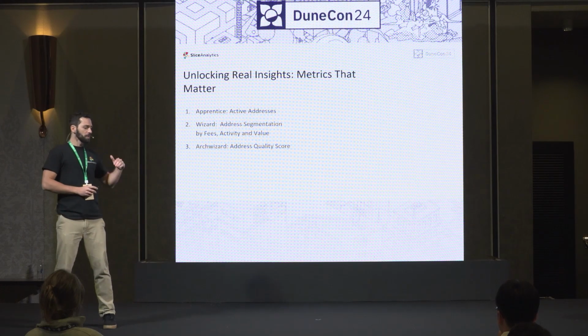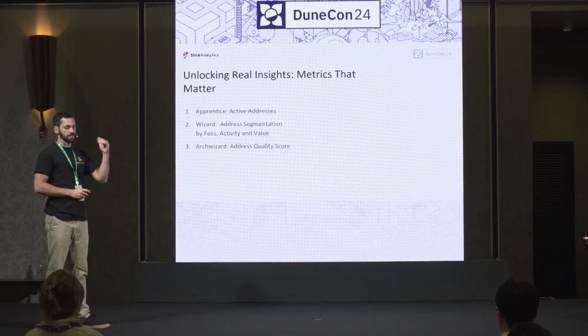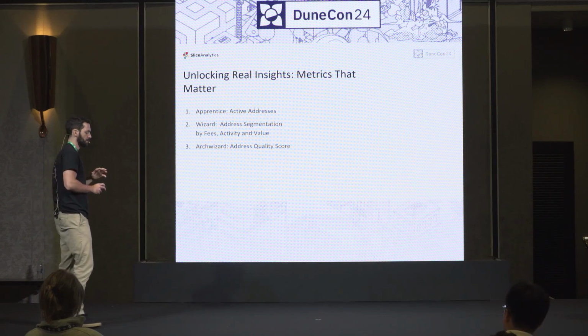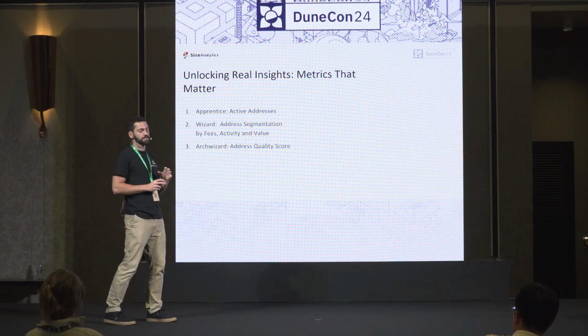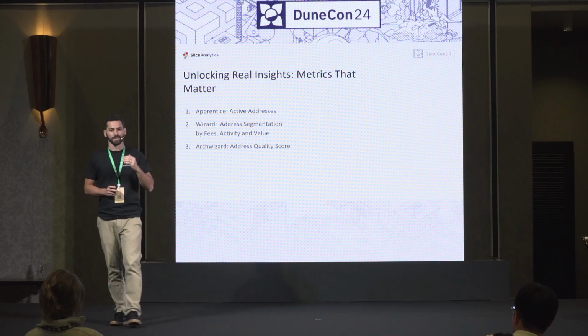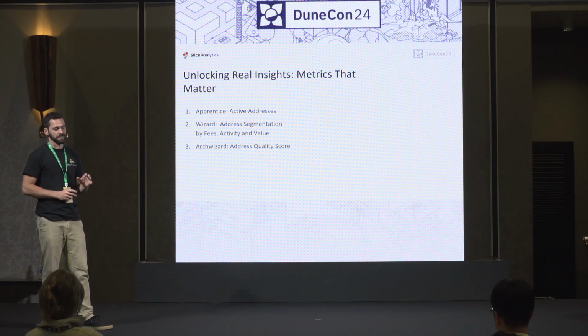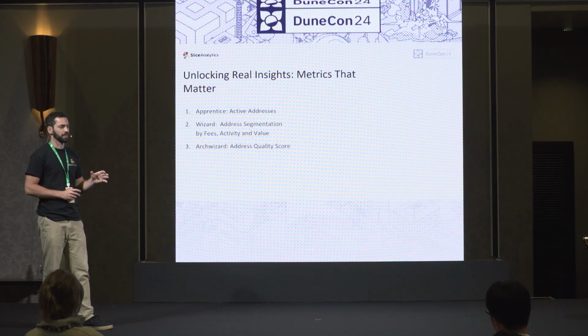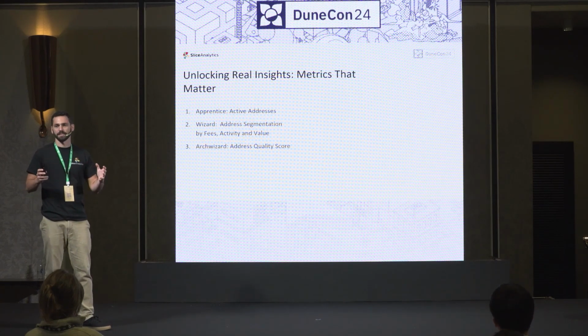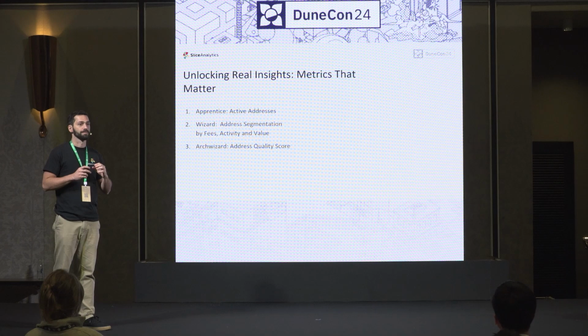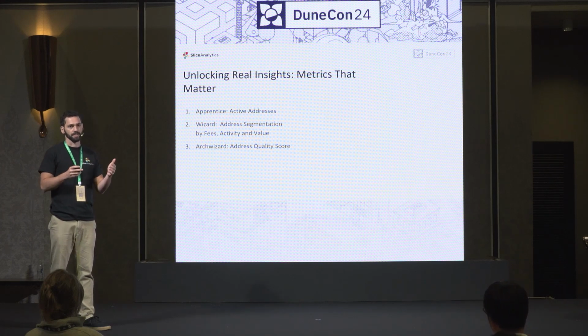But most of my talk today is going to be on this third step, this arch wizard level. And this is what I'm sort of calling address segmentation by address quality score. And I'm going to go in a lot more detail on this, but just to give you a quick overview, really every single address on the blockchain has a full on-chain history, and not just on a single chain.